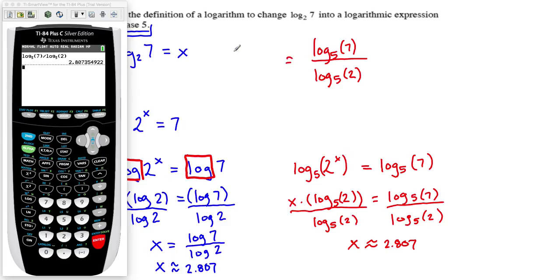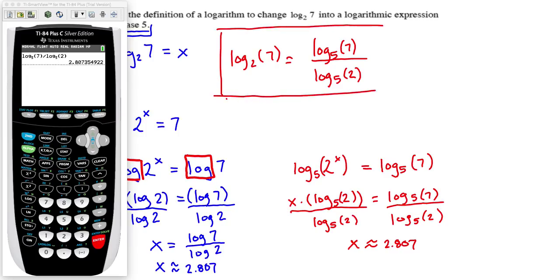That is exactly what our log base 2 of 7 should equal if we wrote it as log base 5. That is our answer. So if you have questions, please make sure you ask your teacher. This is probably a newer concept for you, and you haven't learned all the tricks and all the guidelines for logs, but you know a few of them, so hopefully that makes sense.